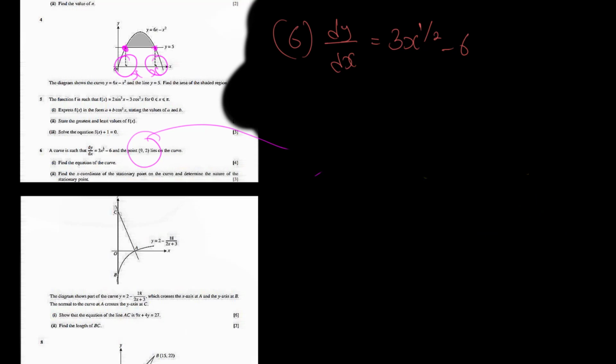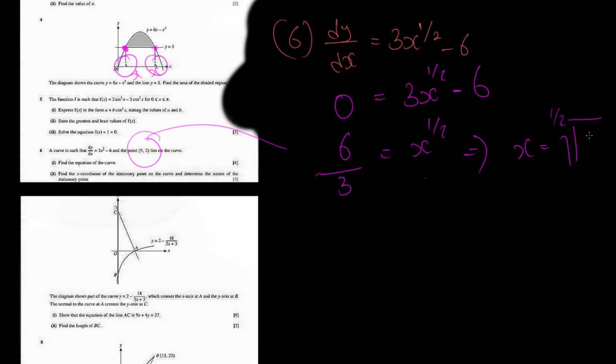That would give us 3x to the power 1 by 2 minus 6 equals 0, so x to the power 1 by 2 is 6 divided by 3, which is simply 2. X is equal to, if I use my calculator, 4.